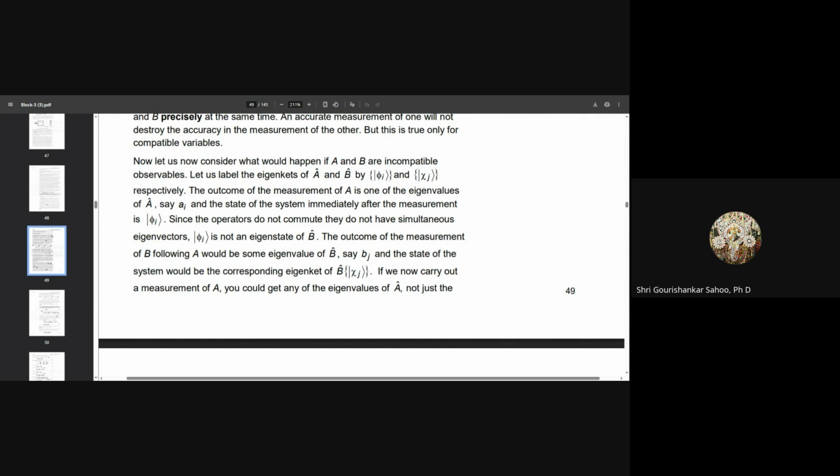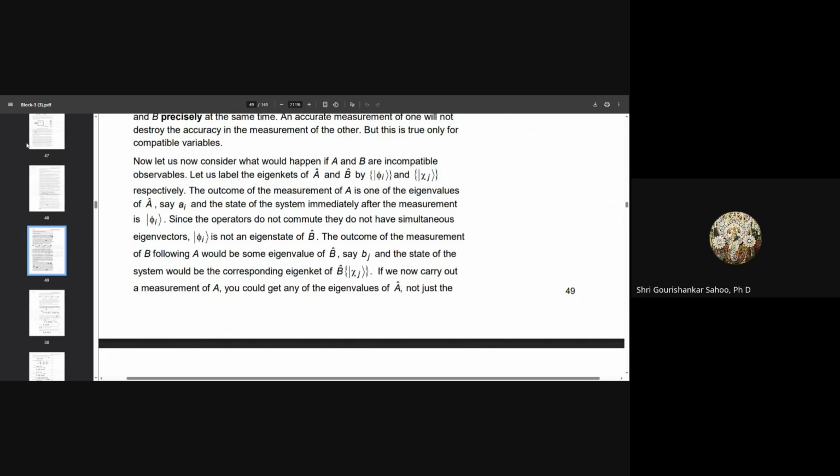So let us label the eigenkets of A cap and B cap by phi i and xi i respectively. The outcome of the measurement of A is one of the eigenvalues, say a i, and the state of the system immediately after the measurement is phi i. Since the operators do not commute, they do not have simultaneous eigenvectors, so phi i is not an eigenstate of B cap. The outcome of the measurement of B following A would be some eigenvalue of B cap, say b j, and the state of the system would be the corresponding eigenket of B cap, xi j.